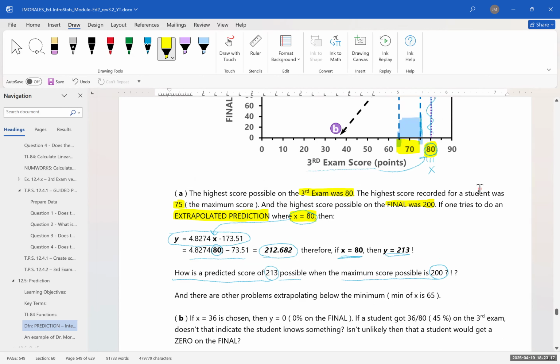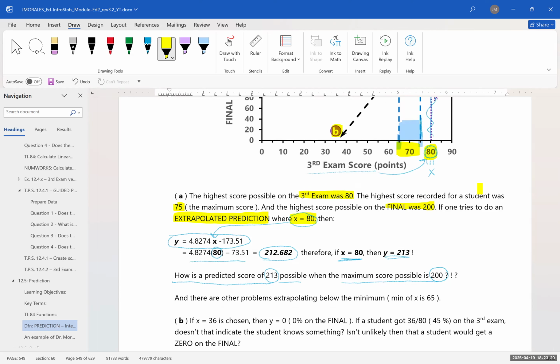And then as another example, part B, if we chose a value of 36, so if a student scored a 36 on the third exam, then y would be equal to 0, a 0% on the final. So if a student, for example, got 36 out of 80, like a 45% on the third exam, doesn't that indicate that the student knows something?